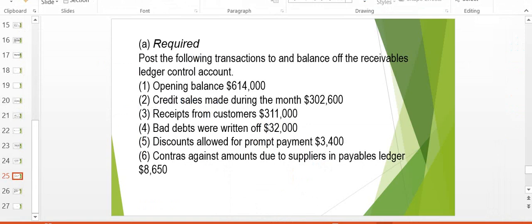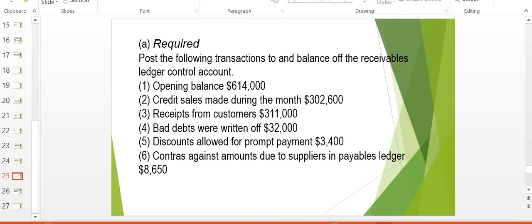Then we had a receipt from the customers of 311,000. The receipt will reduce the receivable ledger control account, so that goes on the credit side of the receivable ledger control account.